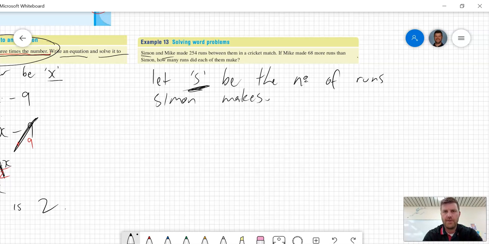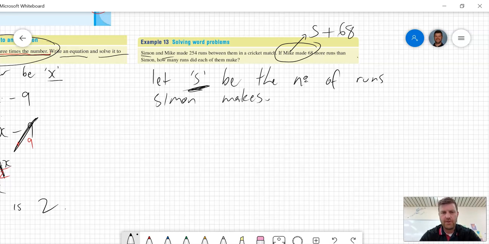Because we can write the number of runs Mike scored in terms of the knowledge that he scored 68 more runs than Simon. So, the number of runs Mike made is actually the number of runs Simon made, which is S, plus 68.